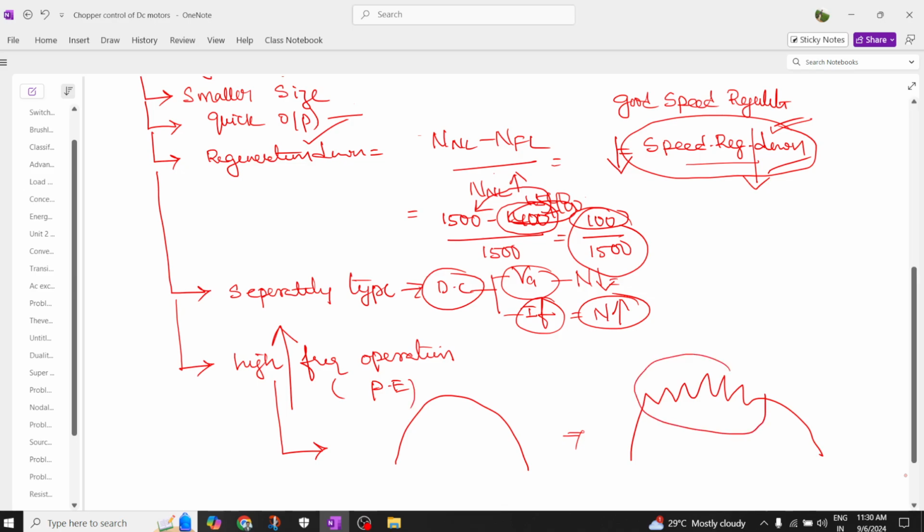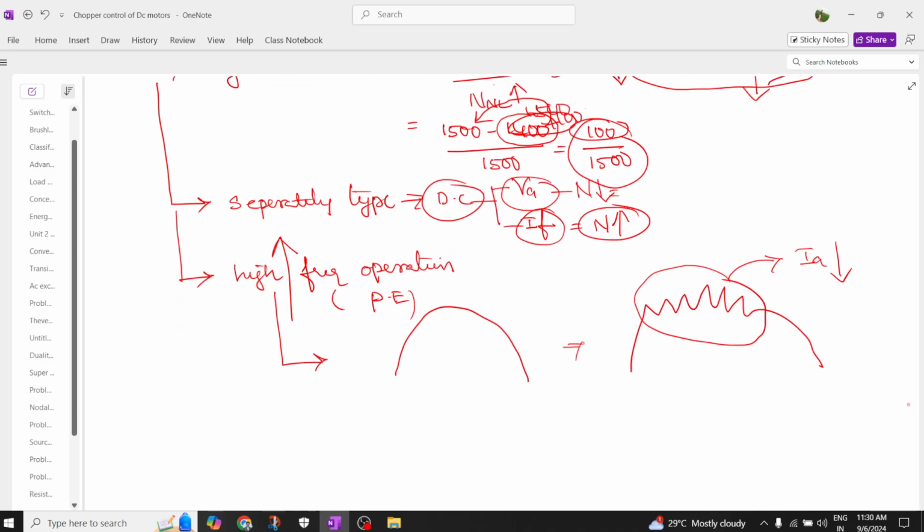These ripples are going to reduce the ripple current in the armature. Reducing this ripple current is very important. So the ripple currents get reduced in the armature when you have the ripple voltages produced by the choppers.